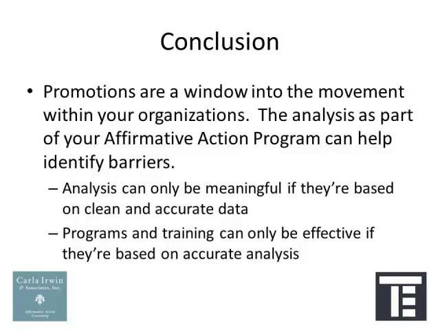And I know we talked about this before with the hiring. It's going to be true of each in the series that we talk about. Without good data, you cannot find your issues and barriers, and you cannot put together good programs to help fix it. If you don't have good data, you can't identify your problems, and if you can't identify your problems, you can't fix them.